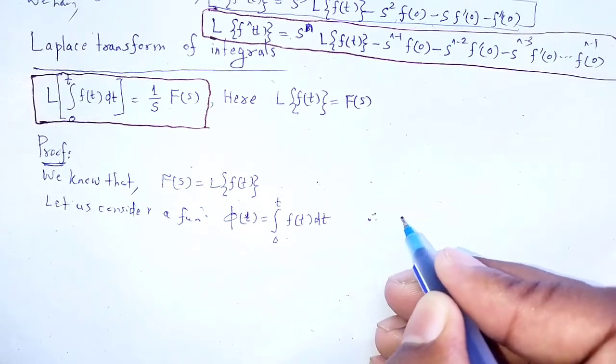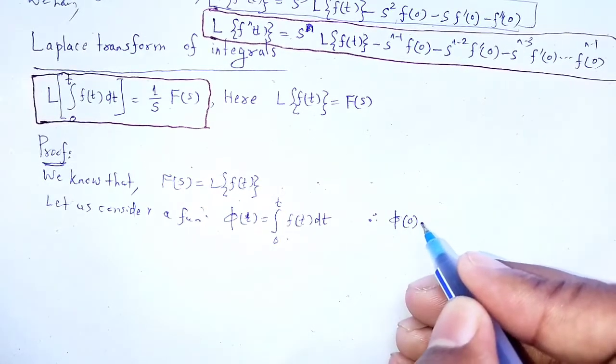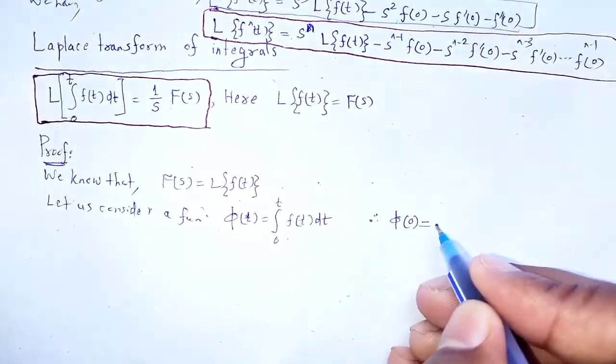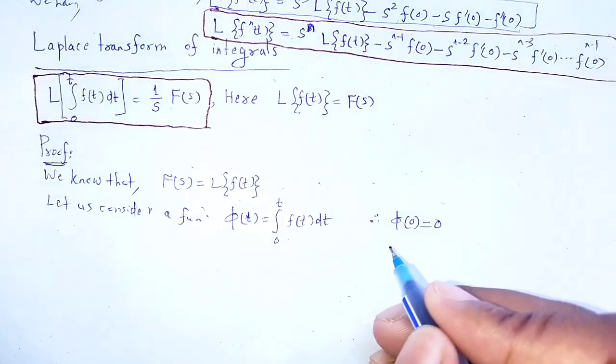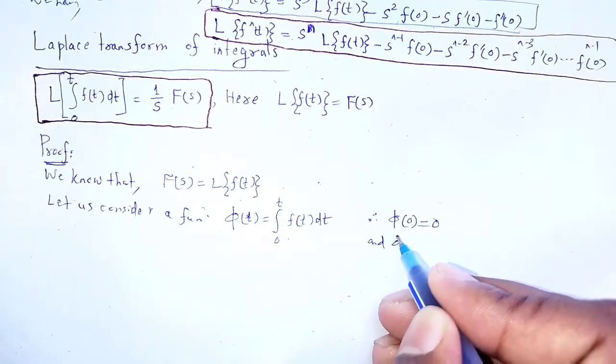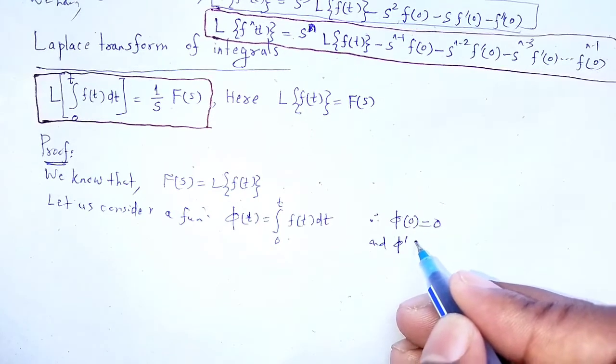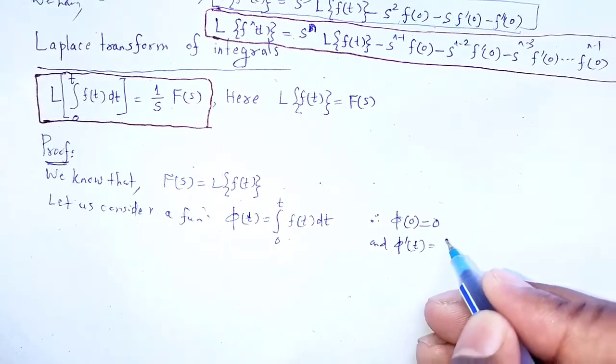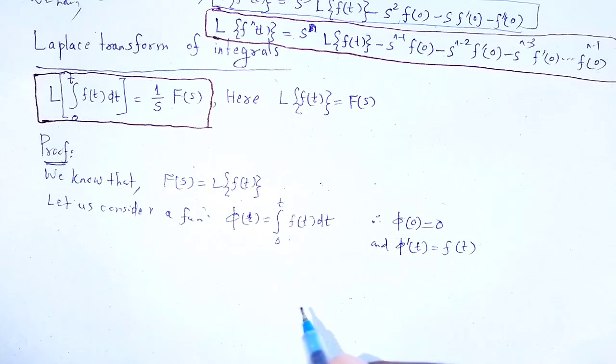Therefore, phi at 0 will be 0, and its first order differentiation will be f(t).